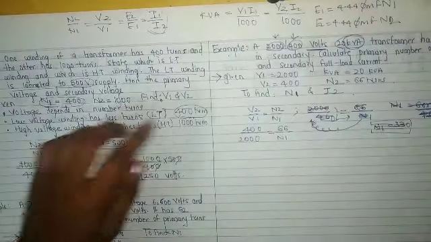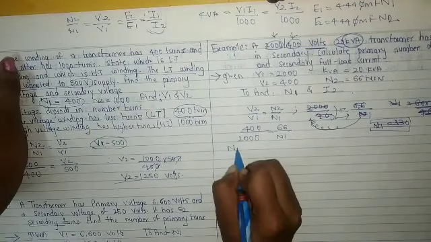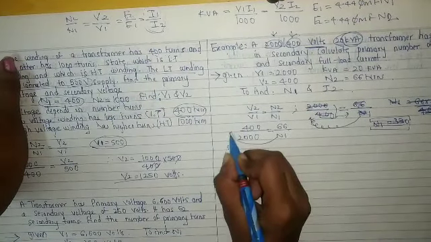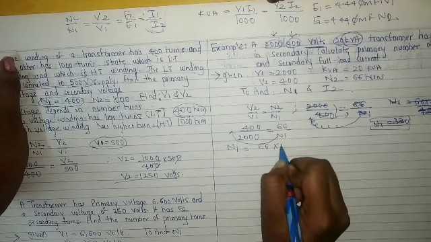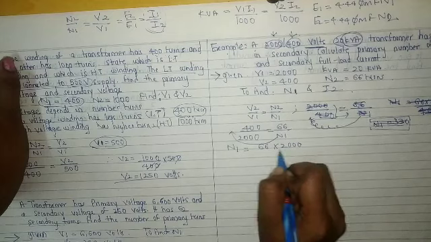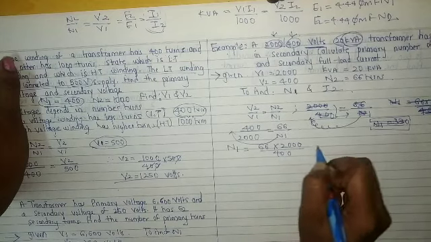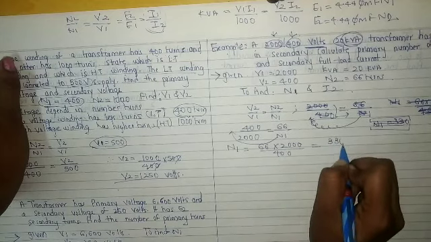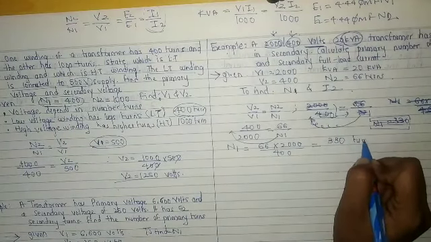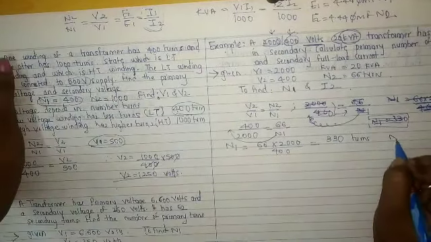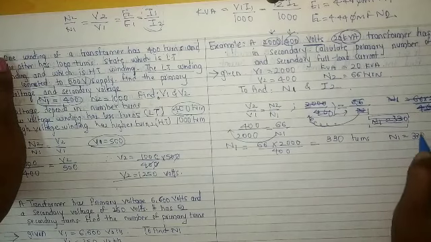Right. Now from this we will find N1. So we will transfer this N1 here and these terms here. So 66 into 2000 divided by 400. So our answer will be 330 turns. Right. So our N1 is equal to 330.